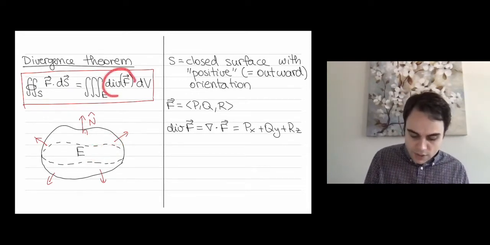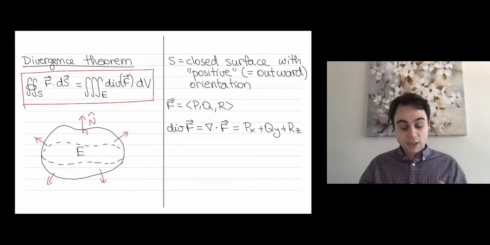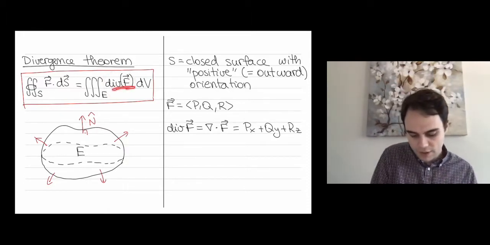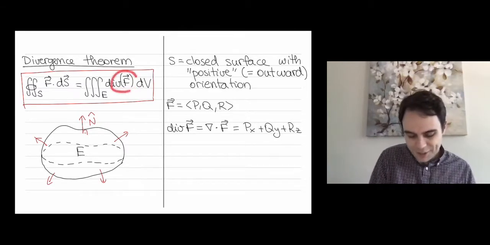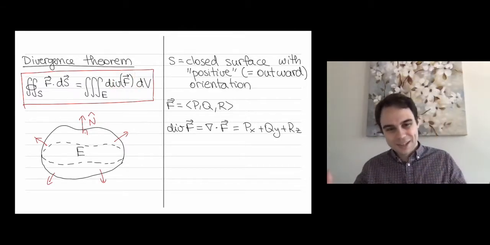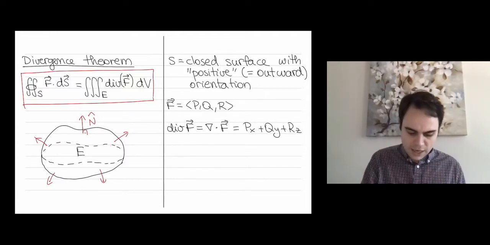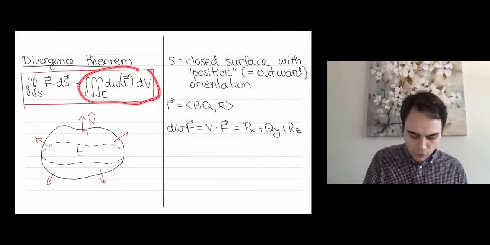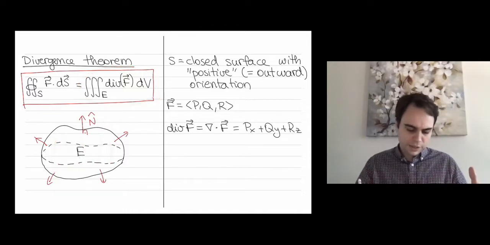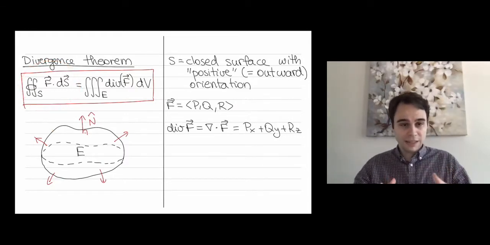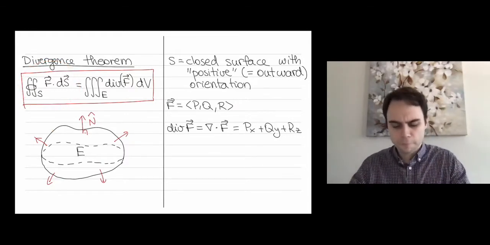And so this is the number that tells me how fast volume is increasing, how fast the fluid is expanding inside the region. If I add over the whole of the inside how much the fluid is expanding, the theorem is telling me that I get exactly the amount of volume of fluid that leaves the region.